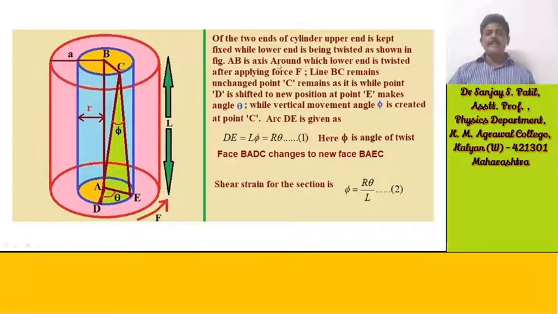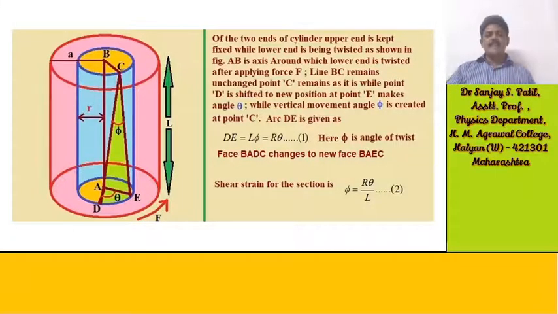So AB is the axis of rotation, the axis around which the lower end is twisted after applying force F in this manner. Line BC remains intact, unchanged, and point C remains as it is, while point D is shifted to a new position E, making a certain angle theta, while the vertical movement makes an angle phi with AC.